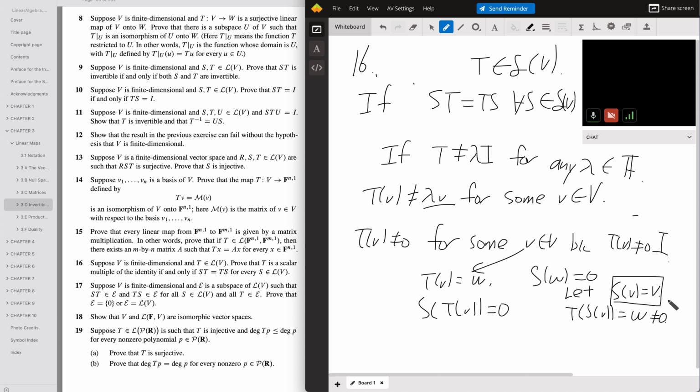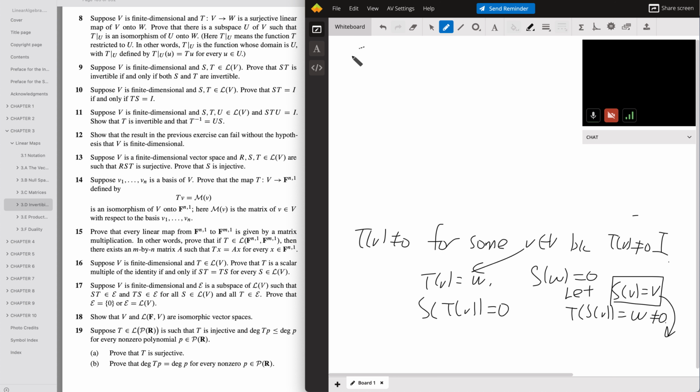But here I just have to justify that indeed this is a valid linear transformation S. So how do I do that, right? Construct the rest of S. What I want to do is set the rest of S equal to 0 to save me some trouble.